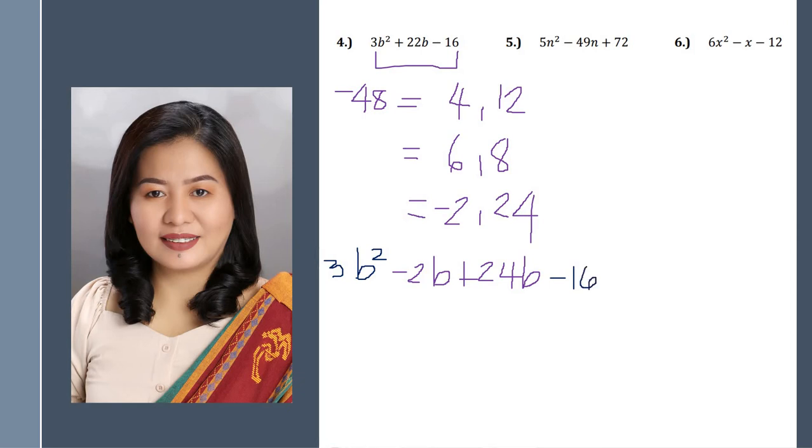And we group. We take out the common. Common of the first is b, and the other one would be 3b squared divided by b is 3b minus 2.